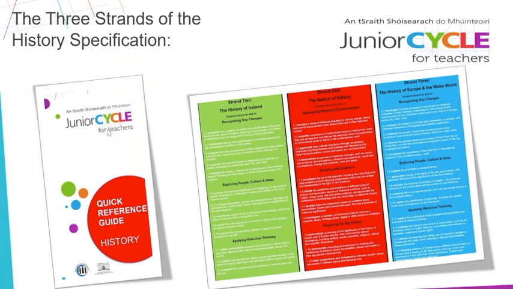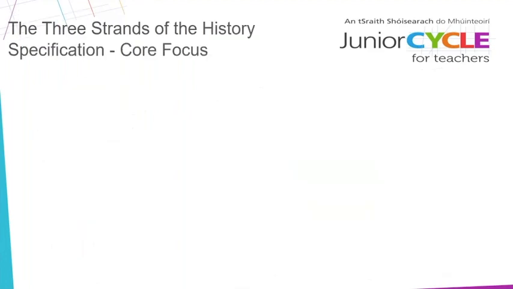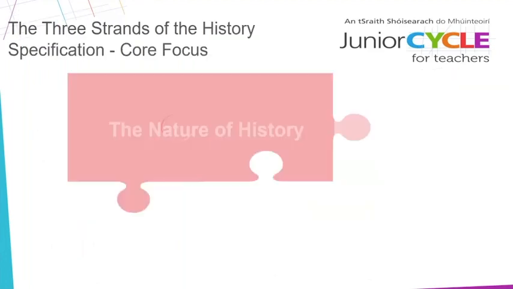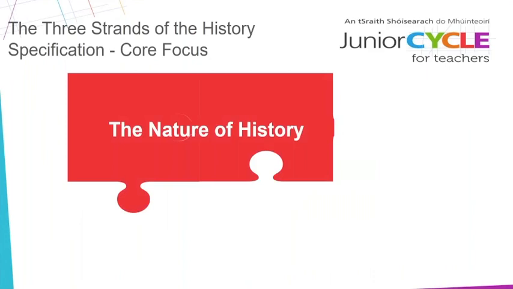That is because the nature of history strand is a unifying strand for the specification. It is both unifying and formational. We're going to look at the core focus of the strands now. Strand 1, the nature of history, is a unifying and formational strand.